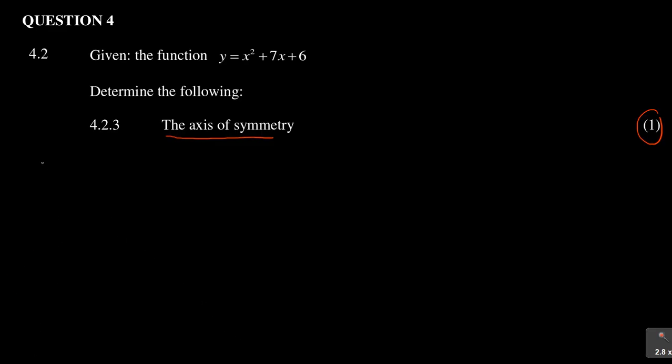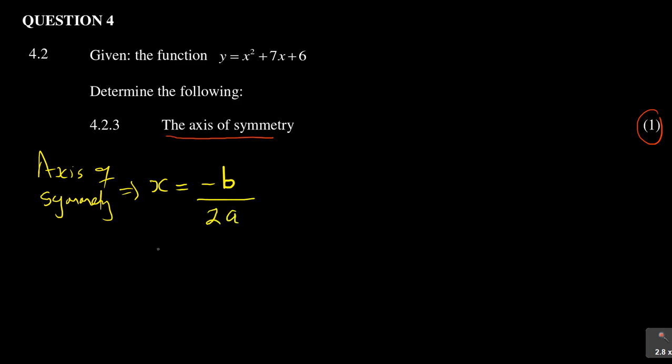So you write that formula: axis of symmetry, x is equal to -b/2a.